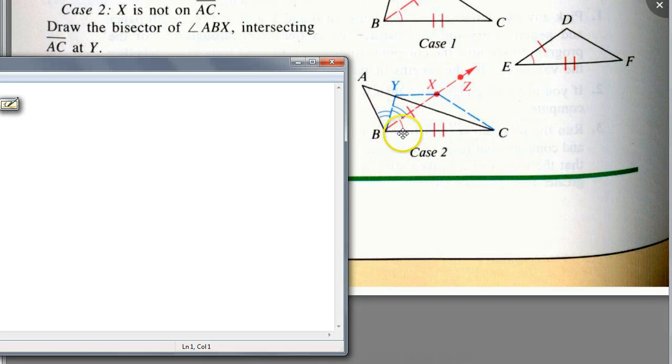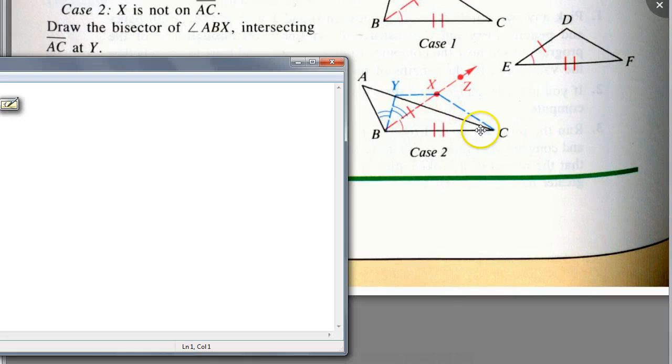Didn't we say BA is congruent to BX, which is congruent to ED? BA is congruent to ED, and remember how we drew BX, so BX has to be congruent to ED. Those two sides are congruent, the angles are congruent, and they're sharing the same side. So the two triangles are congruent.